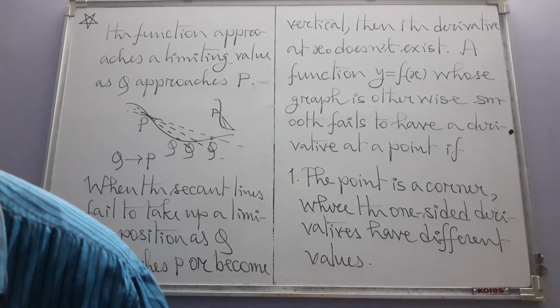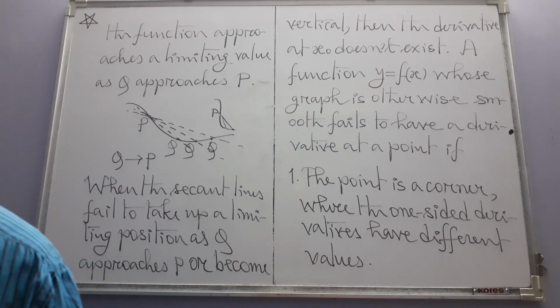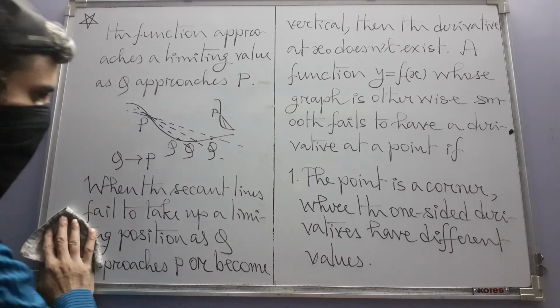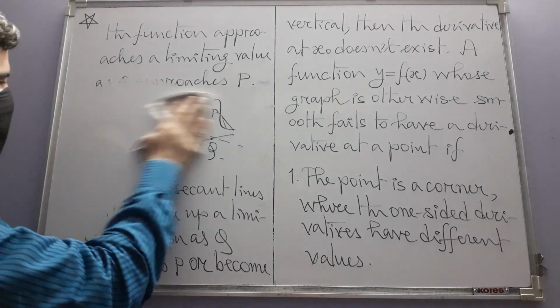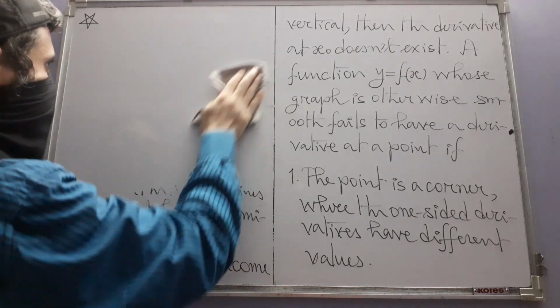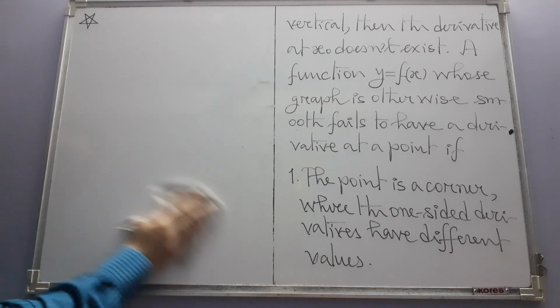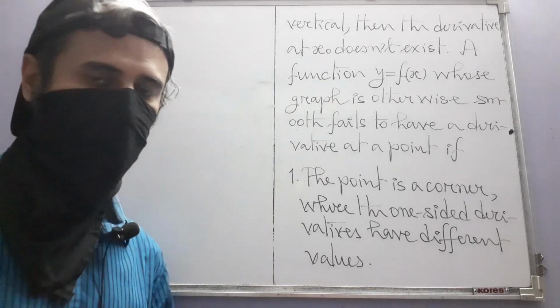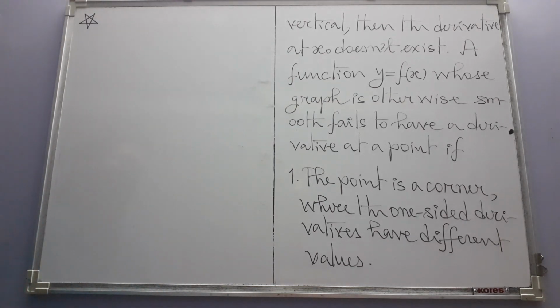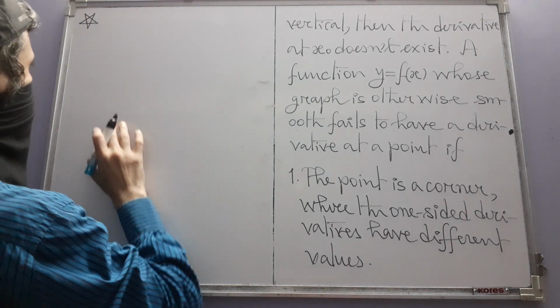And a geometric illustration of this case is also given in the text. So we are going to somewhat carefully draw a diagram showing this case. Say the graph of our function looks like this.